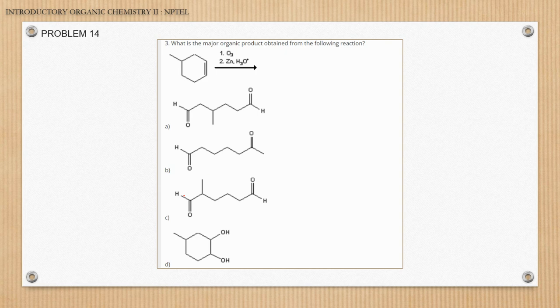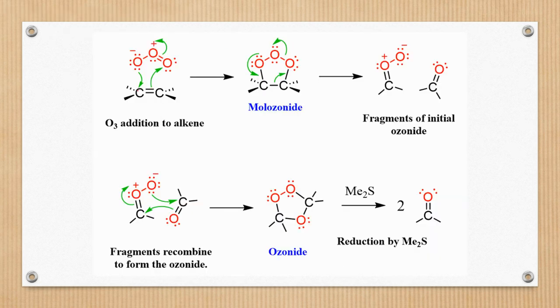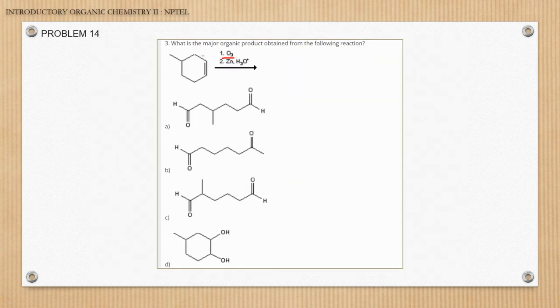Option D. Dialcohol. Guys, it is the ozonolysis reaction. Right? You are treating it with O3, that is ozone. So what will happen? O3 will add to your alkene. Here you have alkene.